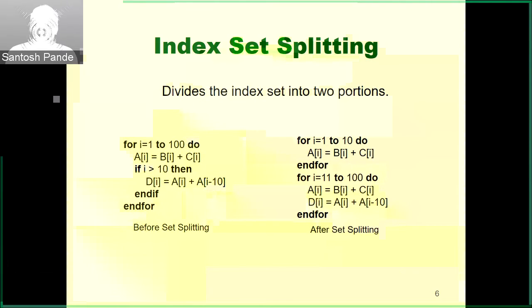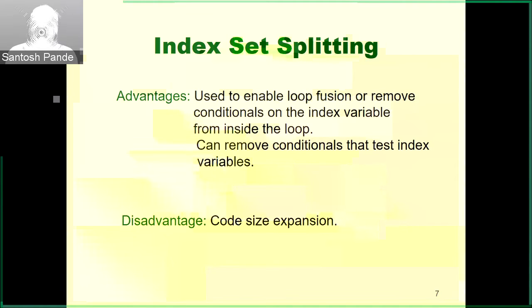So these are all enabling transformations. Index set splitting is also an enabling transformation, typically to get rid of the conditional and so on. As I said again, it's an enabling transformation for fusion or getting rid of the conditional, and it leads to code size expansion.